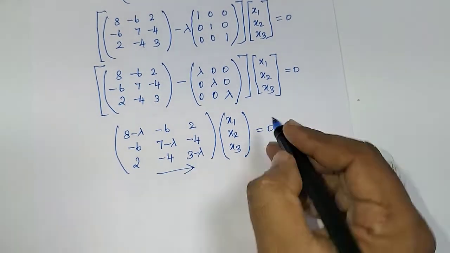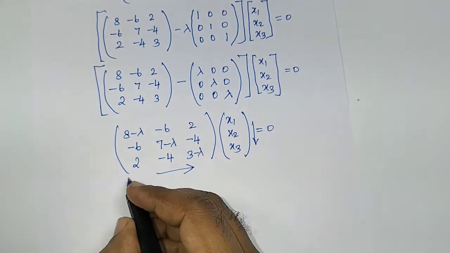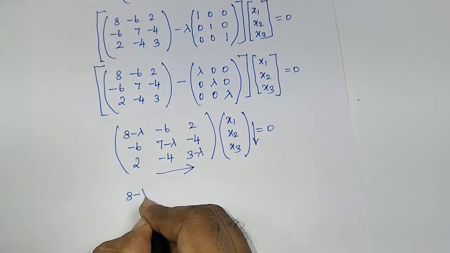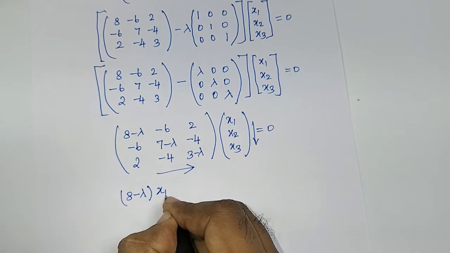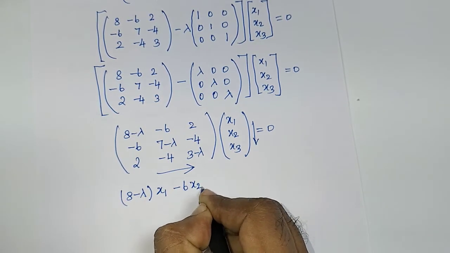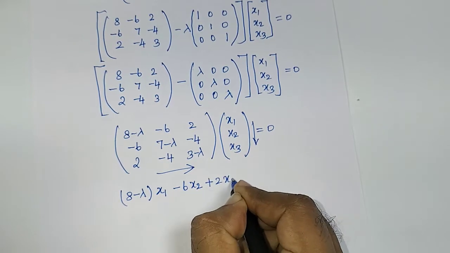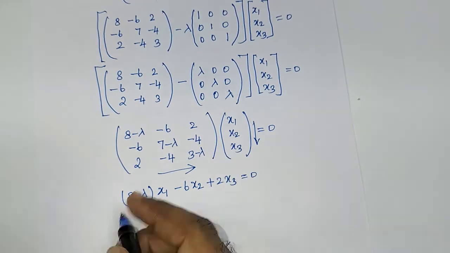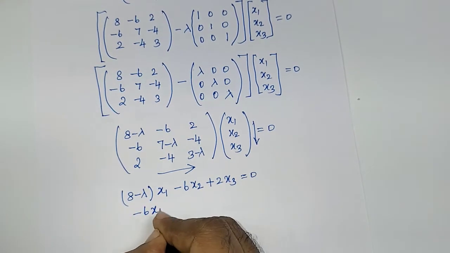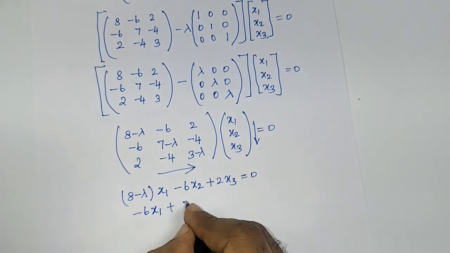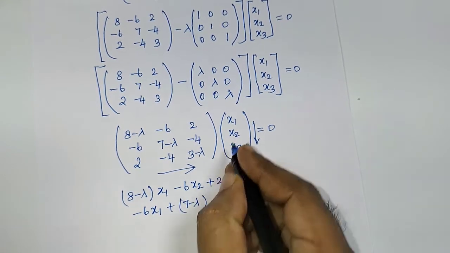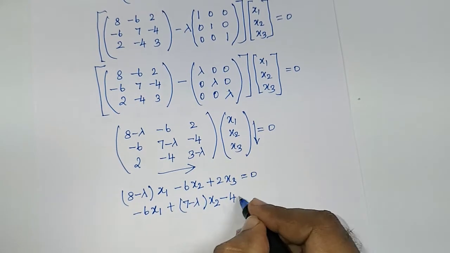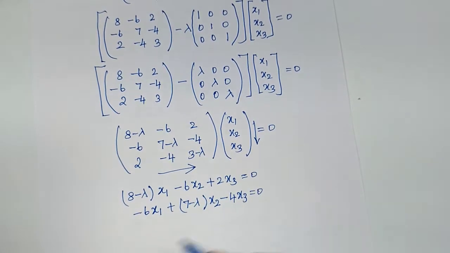Now first matrix row wise, second matrix column wise, we can multiply. You will get the equation (8 minus lambda) into x1 minus 6x2 plus 2x3 equal to 0. And second row: minus 6 into x1 plus (7 minus lambda) into x2 minus 4 into x3 is equal to 0.